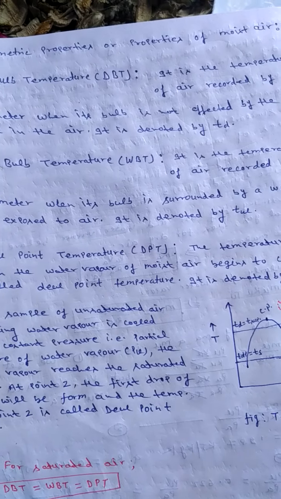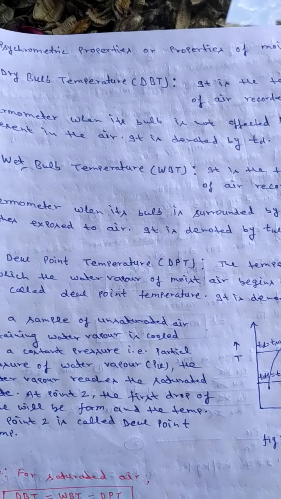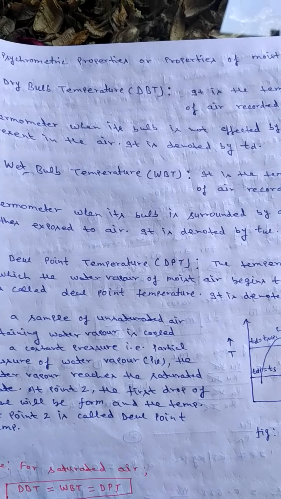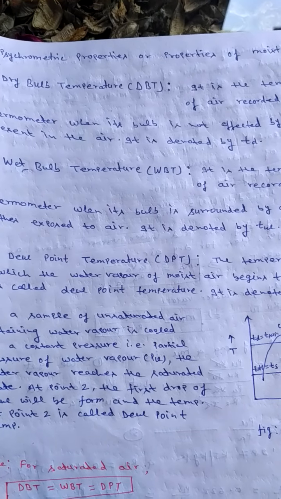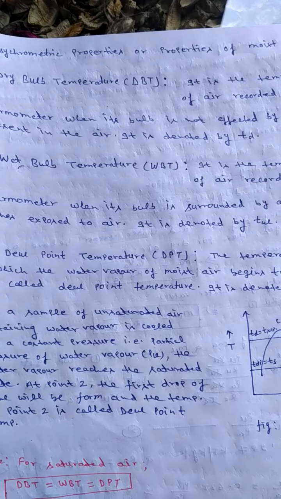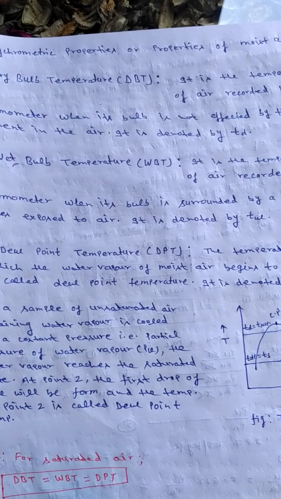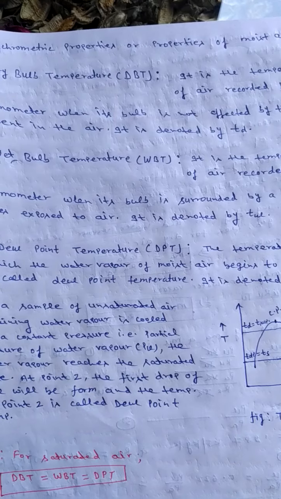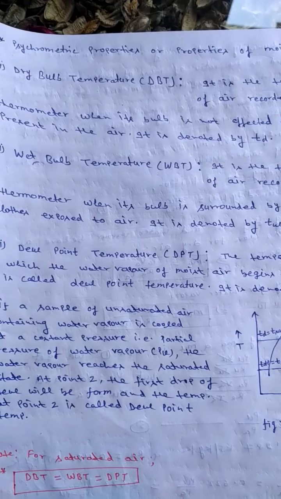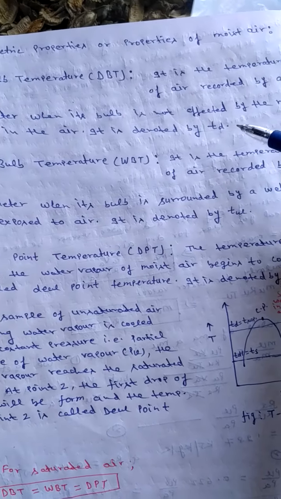It is denoted by TD. Simply, the dry bulb temperature is the temperature measured by a thermometer when its bulb is dry. The bulb of a thermometer is the tip of the thermometer, and this dry bulb temperature is noted by TD.